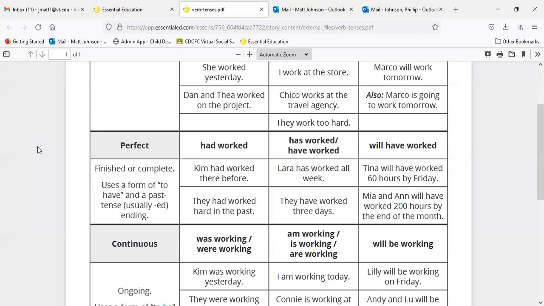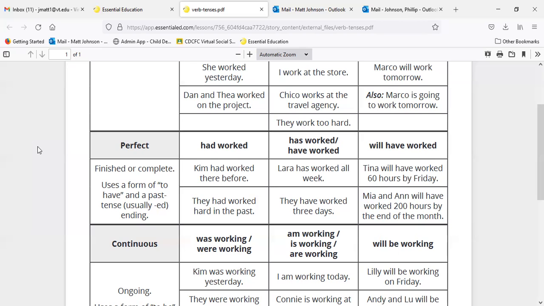But the reason you use that -ed like it was a past tense is because everything in that action has been completed. So in the past perfect tense, Kim had worked there before. Okay, so you see the difference. That is establishing that work had been completed at a different time.